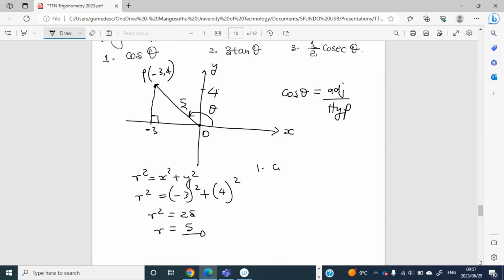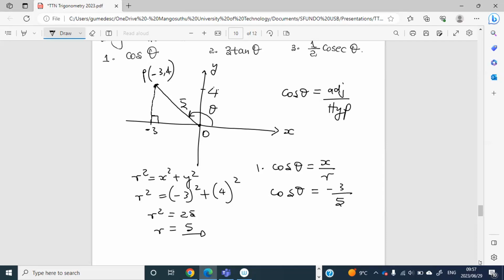So cos of theta is adjacent over hypotenuse, which is x over r. Our x is our adjacent here, which is -3 over 5. So that is our cos theta.